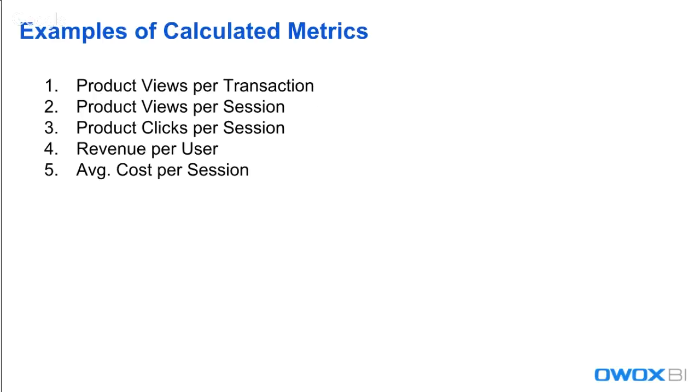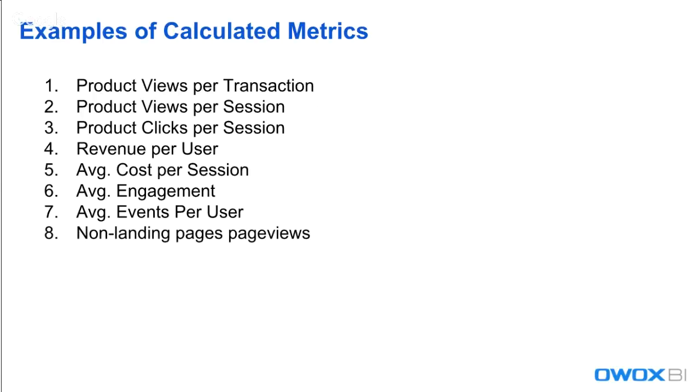And average cost per session. When we run, for example, PPC campaigns, we want to know what the cost per session is. The CPC metric is not always accurate enough, so you can create your own calculated metric to measure that. And average engagement, on the website or on a particular landing page, or events per user, non-landing page page views, user duration, so non-bounce rate.